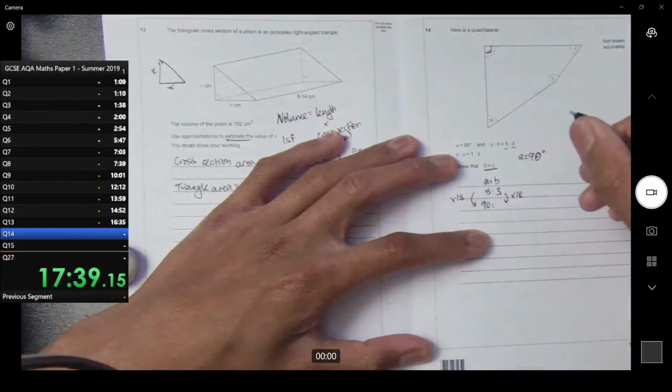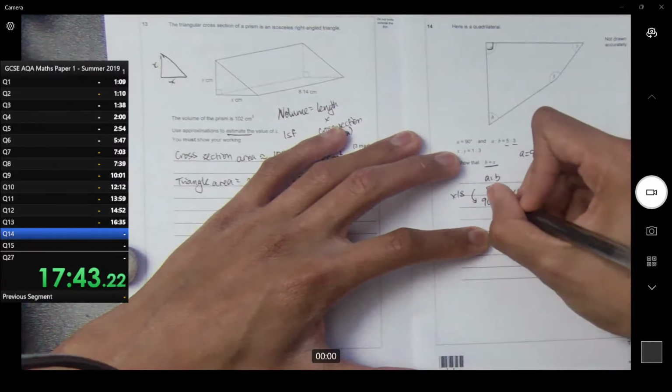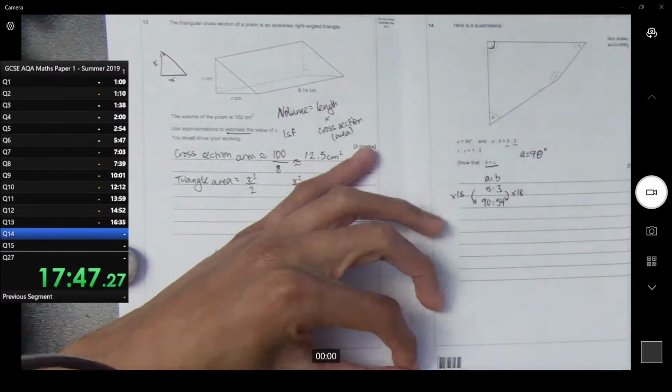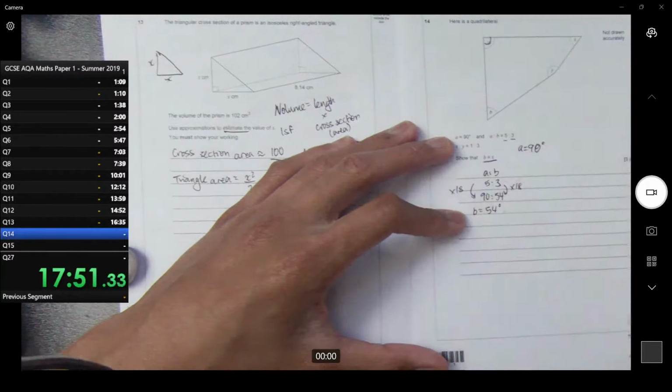That means we get 54 here. So B is 54 degrees.